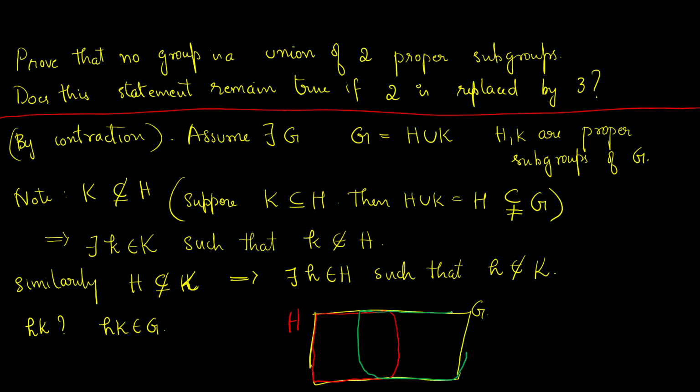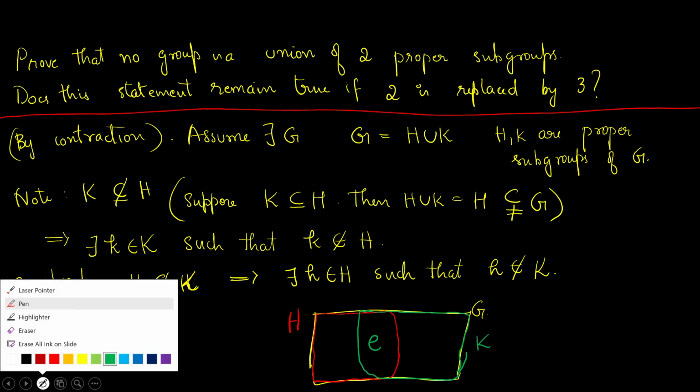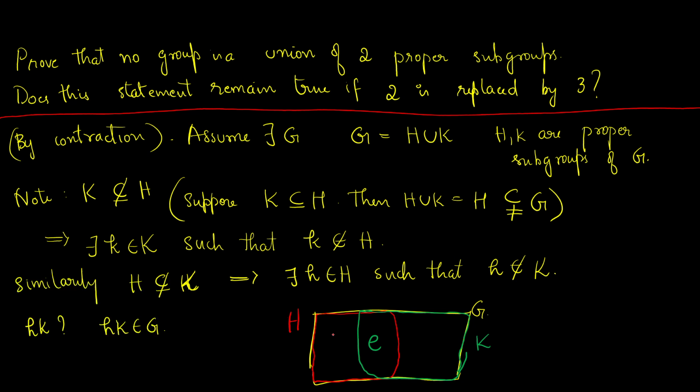Because both of them are subgroups, so at least the identity element will definitely be there. So the intersection is definitely non-empty. And we also proved that one cannot be properly contained in the other. So here we will have some small h and here we will have some k, just like this. But ultimately h and k are elements in G. So hk will definitely be there in G. Now our question is, can hk be in H?